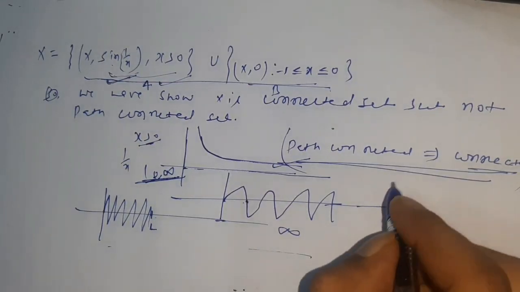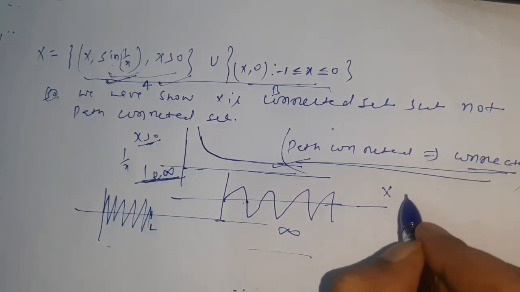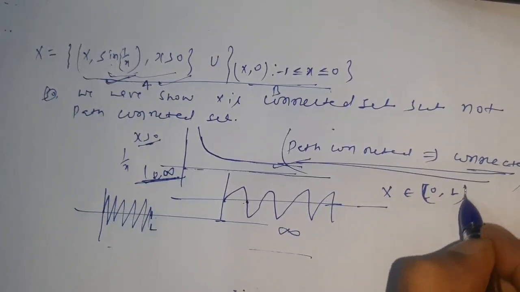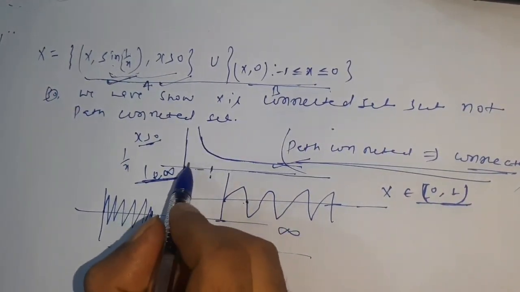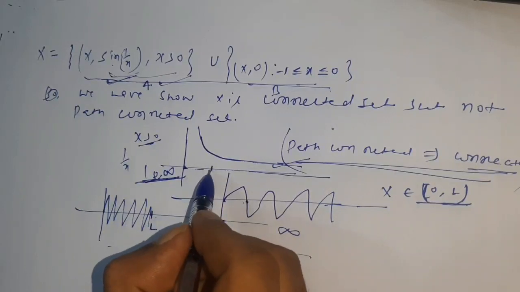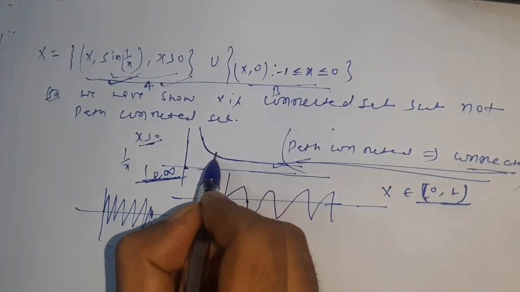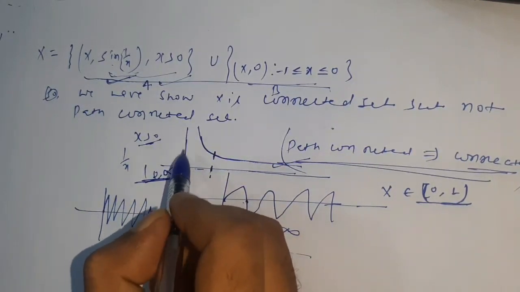Let's see. If x belongs to the open interval 0 to 1, then in the graph of 1/x, for x equal to 1, 1/x is equal to 1, and near 0 it is an asymptotic curve approaching infinity.